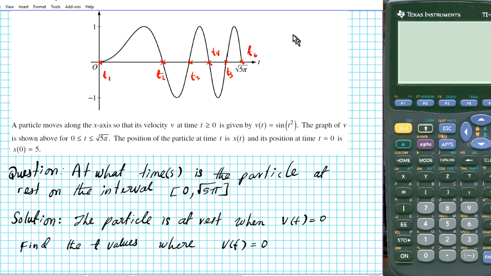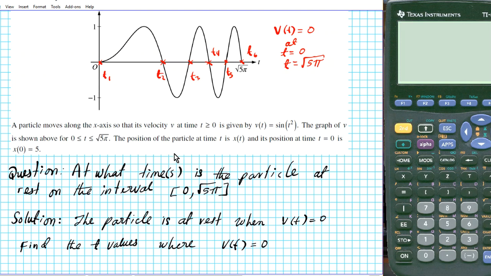Alright, so we already know that v of t is equal to 0 at t equals 0 and t equals root 5 pi. Alright, so we need to find the other times, namely t2, t3, t4, and t5. Those are the other t-intercepts that we need to find when the particle is at rest.